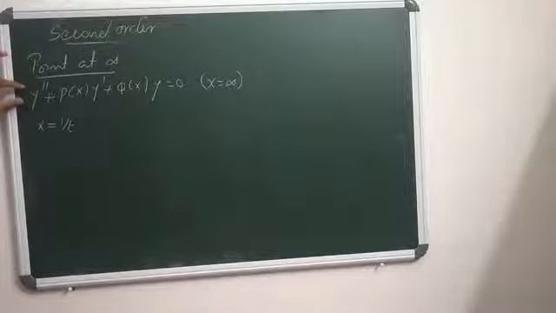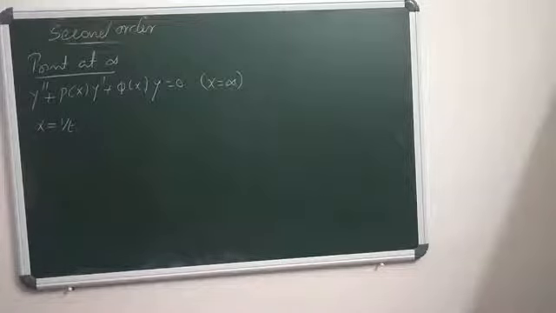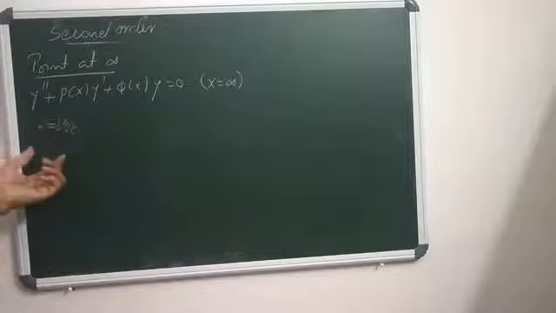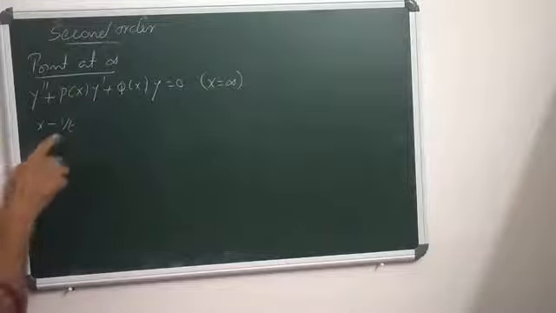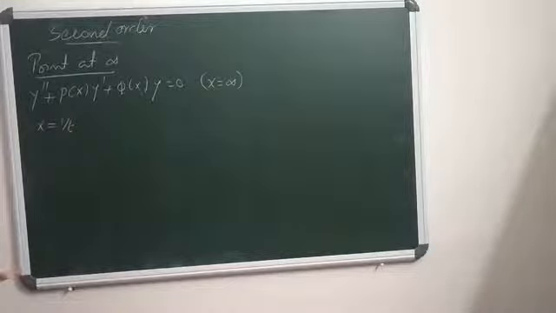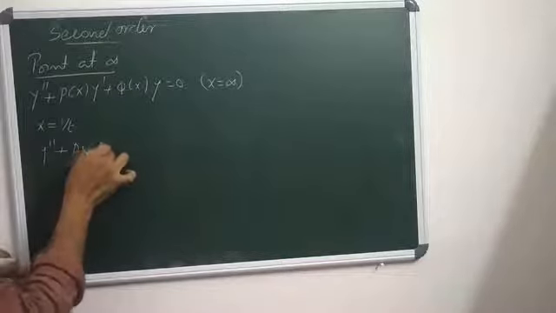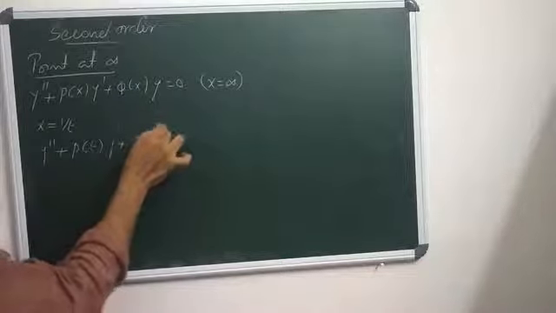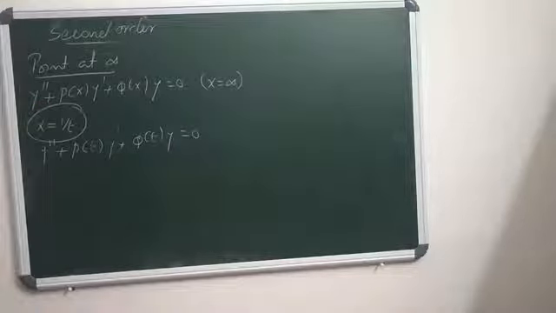If x takes sufficiently large values, then we may transform the given differential equation with this transformation x equals 1 by t. Thus we rewrite the given differential equation and obtain the transformed differential equation y double dash plus p of t y dash plus q of t y equals 0, by this transformation x equals 1 by t.